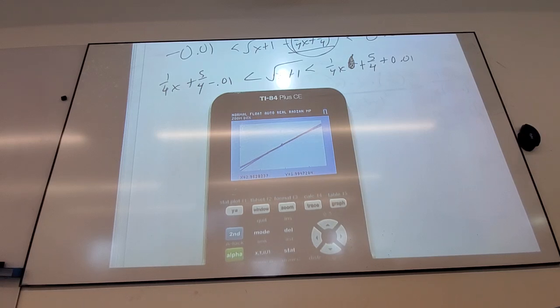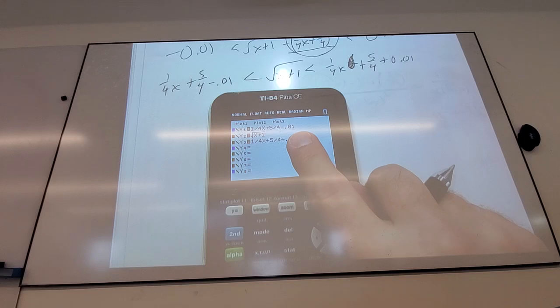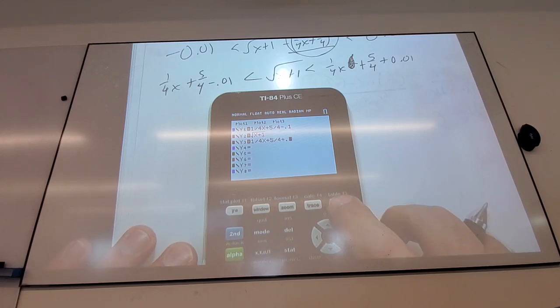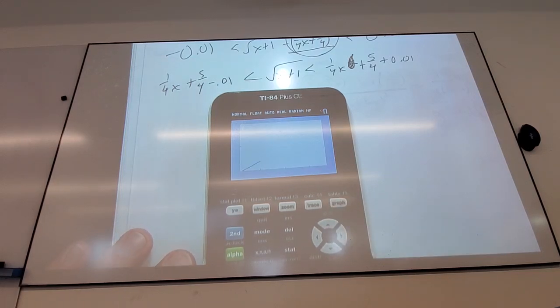Okay, so let's do this. Let's salvage this. I have chosen to be way too restrictive. Can everybody go here and make this 0.1 instead of 0.01? Are you guys with me? Just so we don't zoom in for like 50 more times. So now if I hit graph, there's the floor.